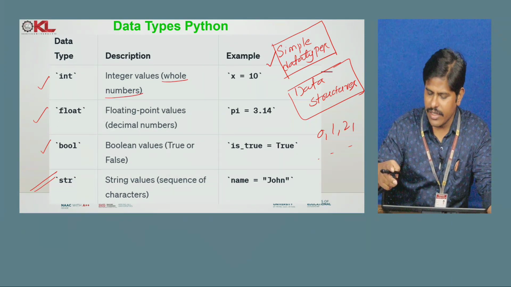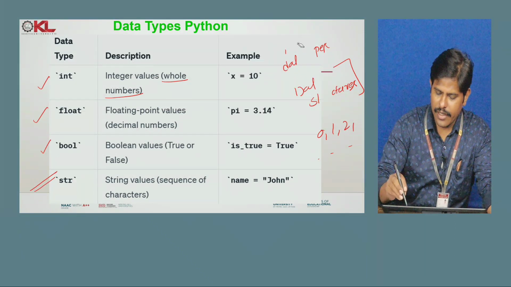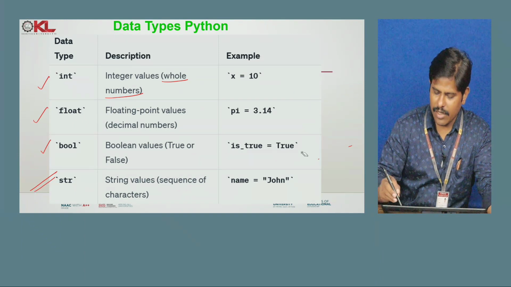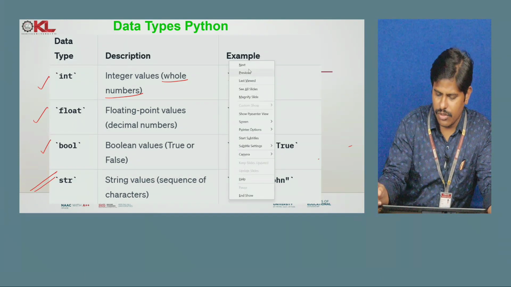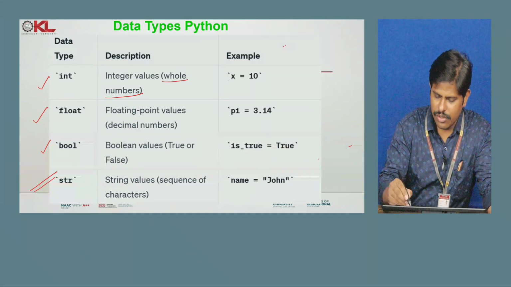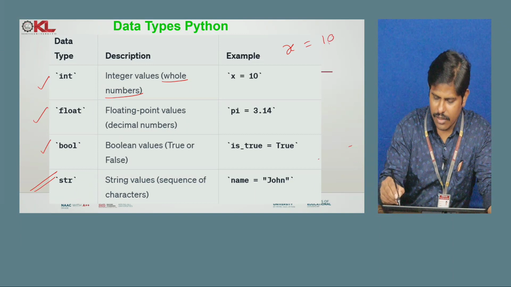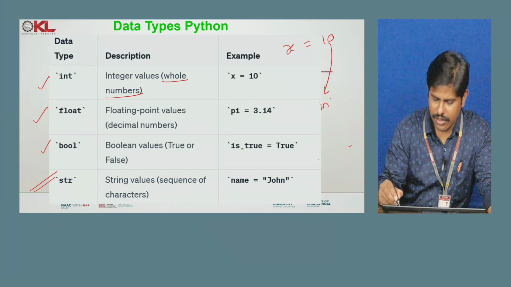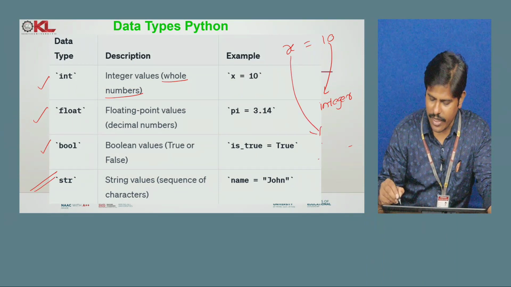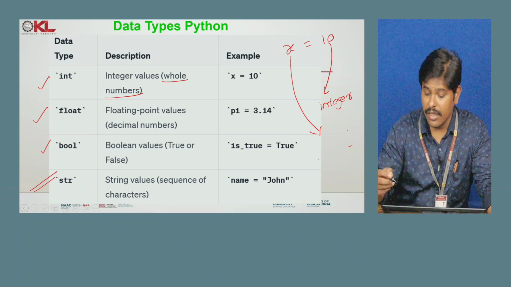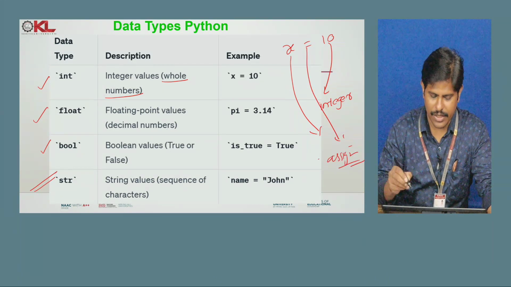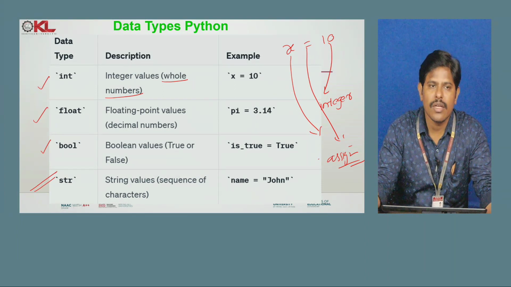To define an integer data type in Python, we say a variable name, suppose x equal to 10. Here 10 is my integer, x is the identifier or name to store this value 10, and equal to is the assignment operator. So all whole numbers are together called integers here.